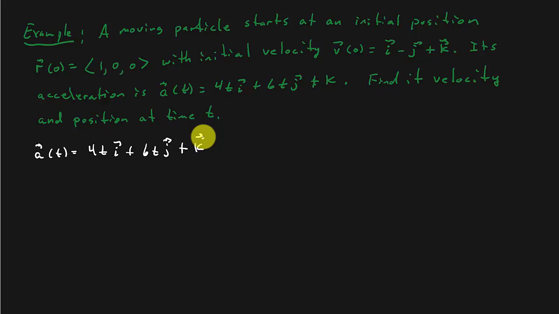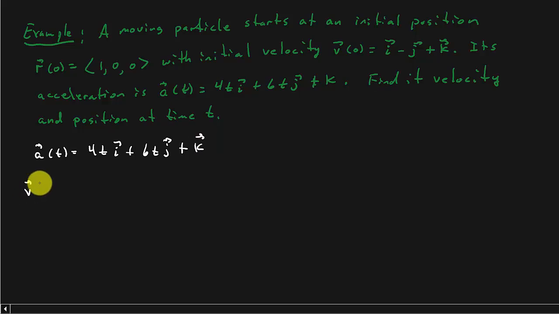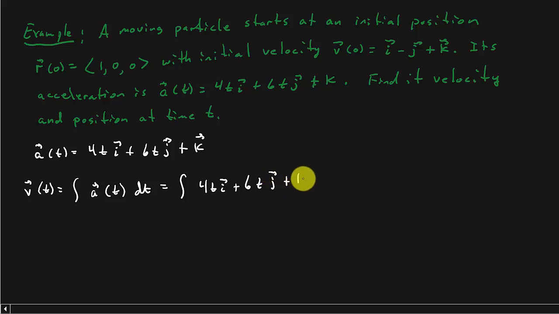All right, so if we have an acceleration, to find the velocity, what do we do? Well, we integrate the acceleration function. So I've got the velocity is equal to the integral of the acceleration function, which is the integral of 4ti plus 6tj plus k dt.